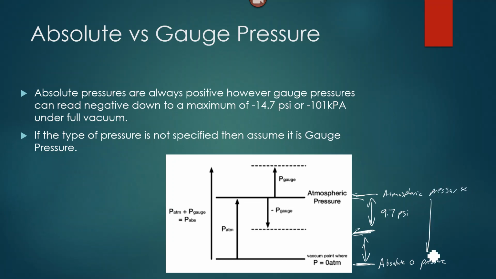Which means this right here has to be 14.7, right? So what is this pressure right here? Well, if we take 14.7 minus 9.7, we should get 5 psi.